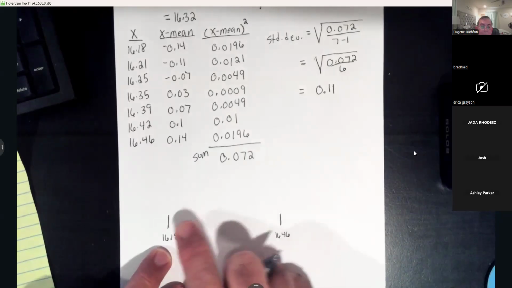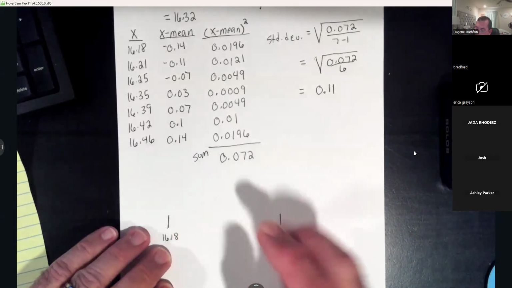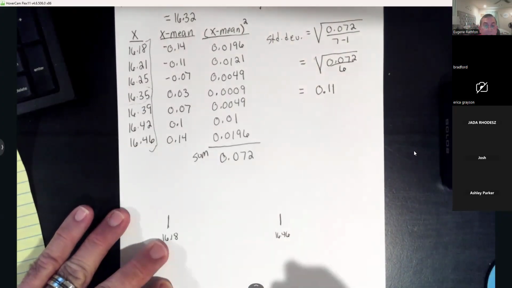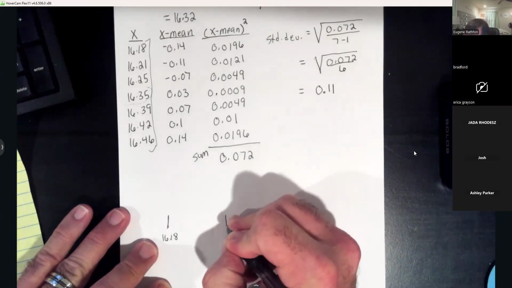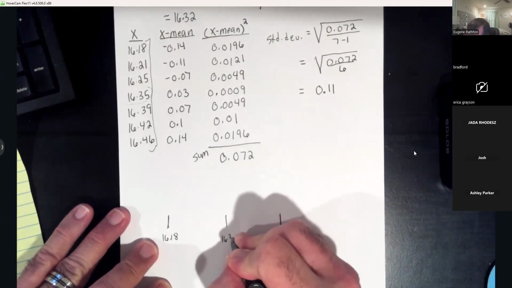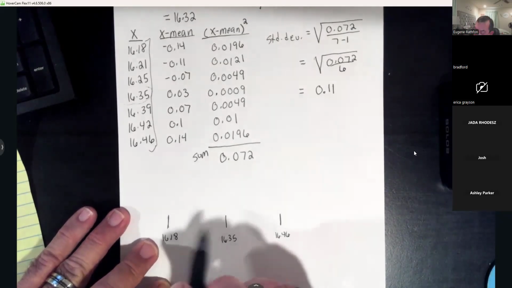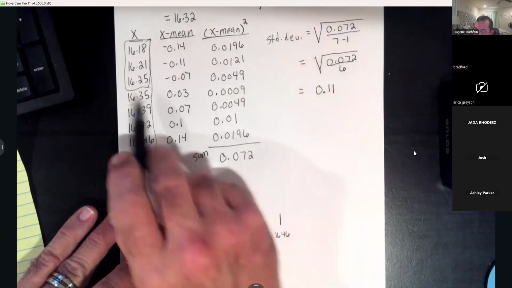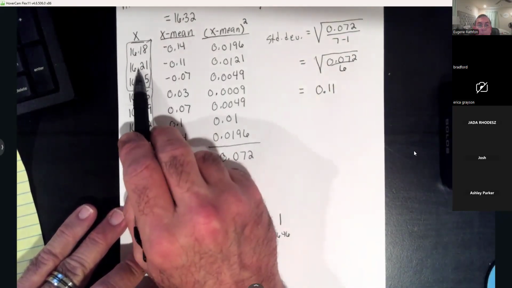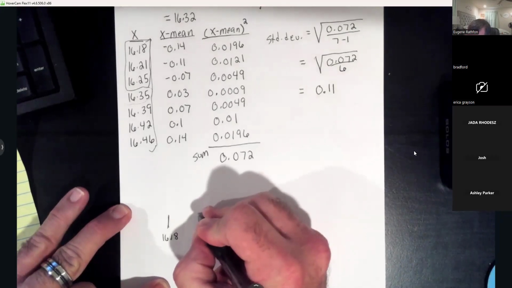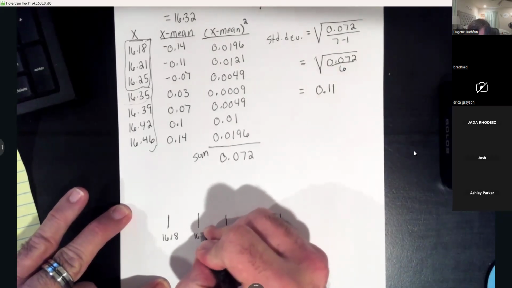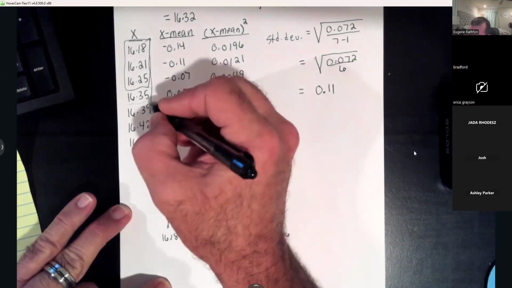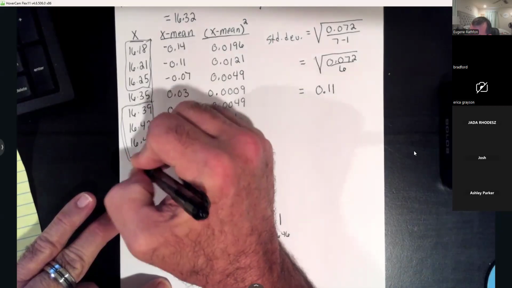Now let's find the median, the lower median, and then the upper median. So the median of all this data is the middle number, which is 16.35. All right, now the lower quartile is the median of the bottom three numbers. So the middle number for these bottom three would be 16.21. And then right here, the upper quartile is the median of the top three.